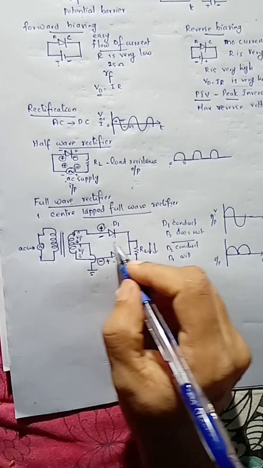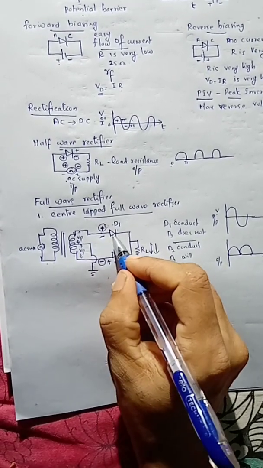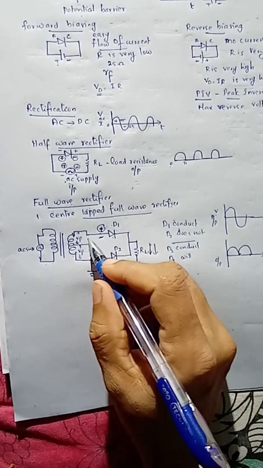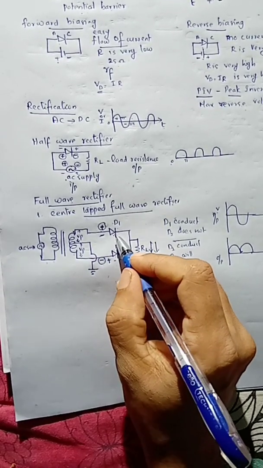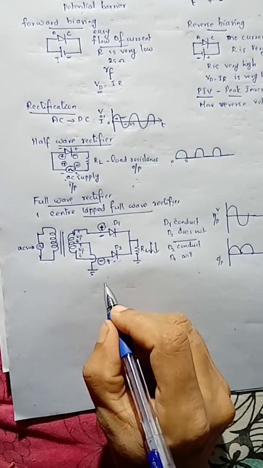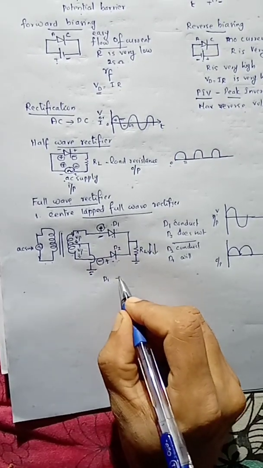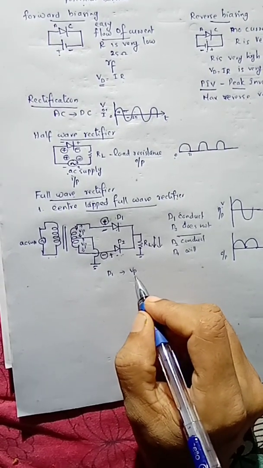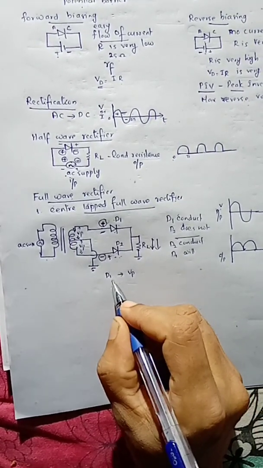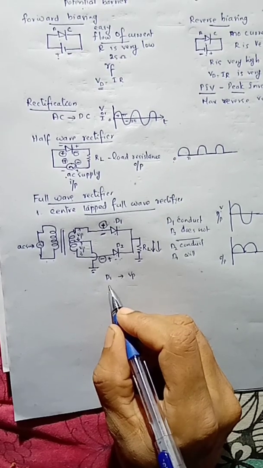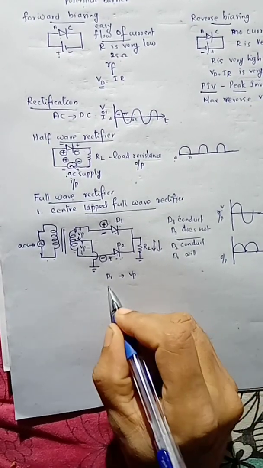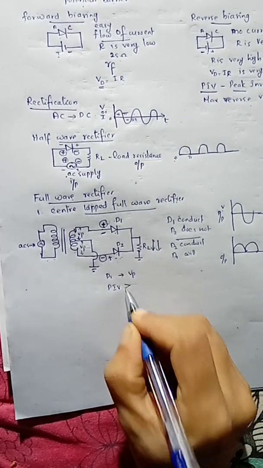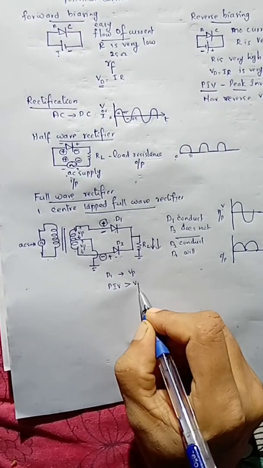At a particular instant of time, this voltage will come across a diode, and this voltage will come across this diode. So the two diodes attain a maximum value of Vp during the reverse biased case. In order to avoid the diodes from breakdown, we have to take the peak inverse voltage of these two diodes such that the peak inverse voltage of the diode is greater than Vp.